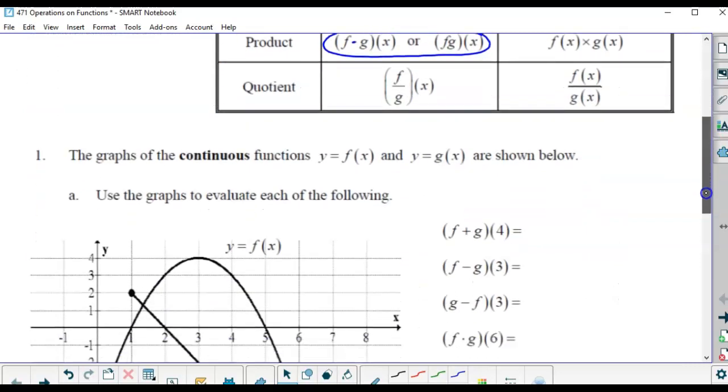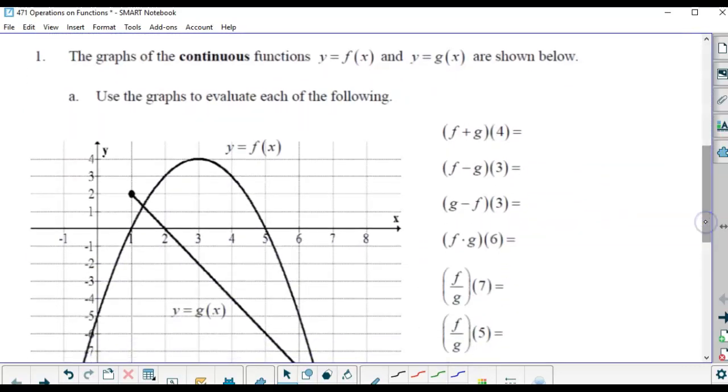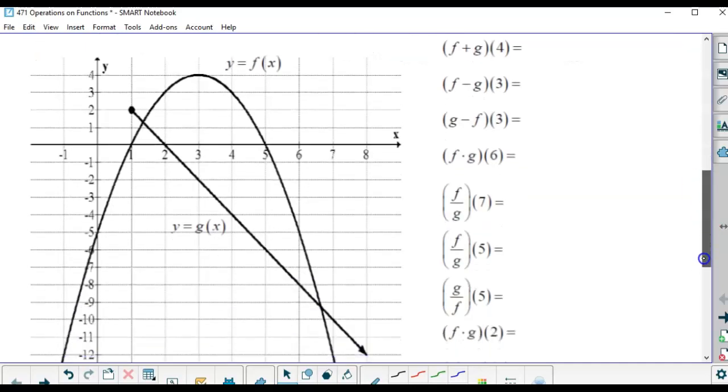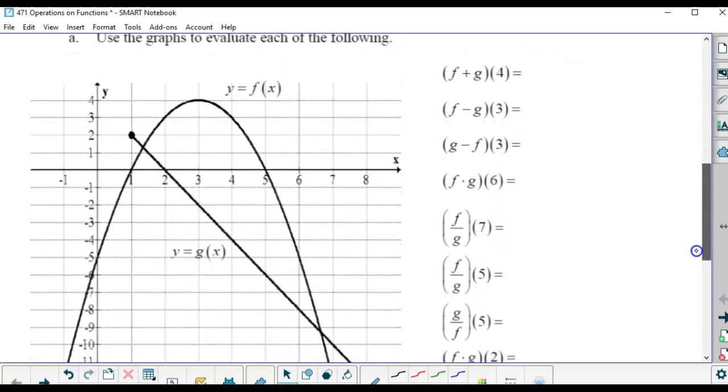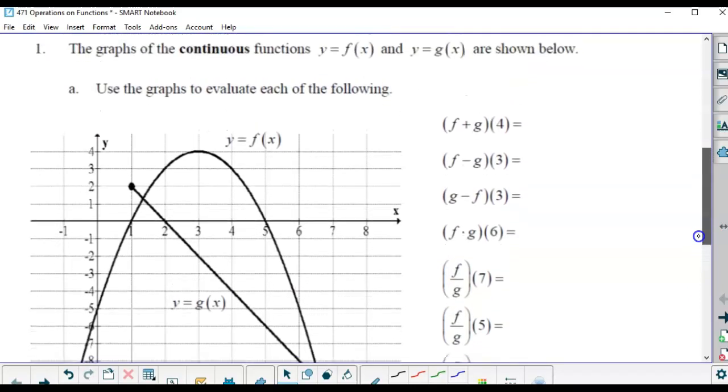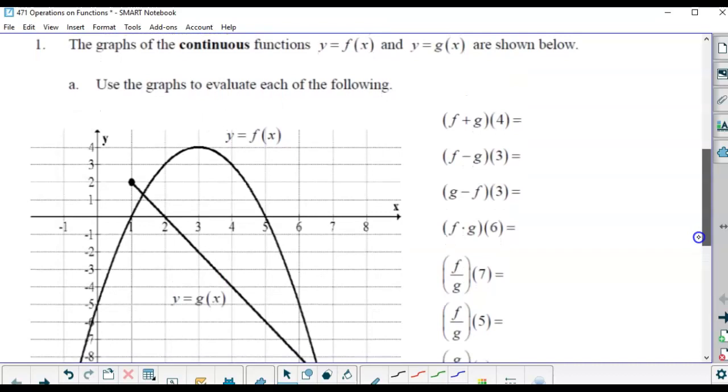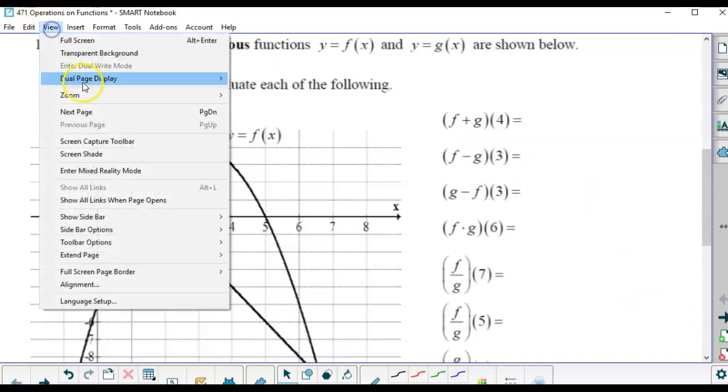So let's take a look here. Got a graph. These are continuous functions. You'll notice that g is only defined for certain values, but it's continuous for those values. And so we want to use the graph to find the values on the right.